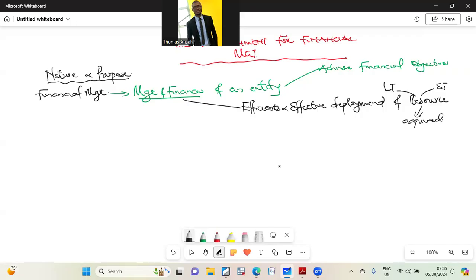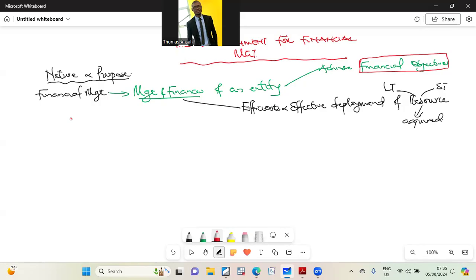Now, we mentioned the financial objective of the entity. When it comes to the financial management concept, the underpinning concept of an entity's objective, the main reason why an entity exists is that, anyway, let me even ask you, why do you think an entity exists? What comes into your mind?